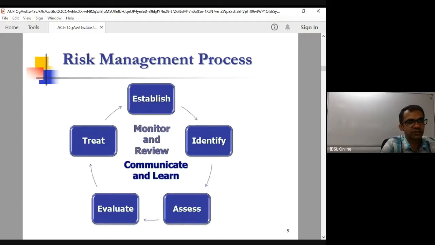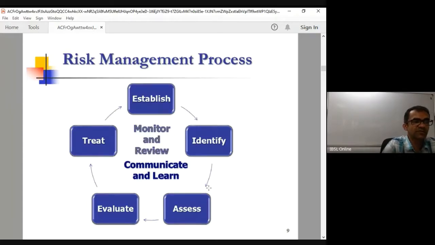But that has to be communicated from top to the bottom. Assign the responsibilities properly. Then only the staff of the organization, officers of the organization, people in the organization know what their responsibilities are, what their role in risk management is.